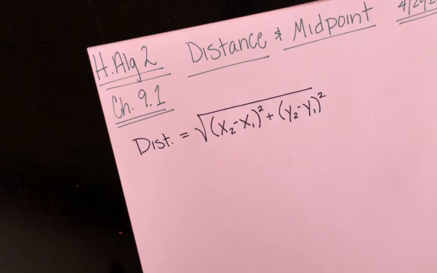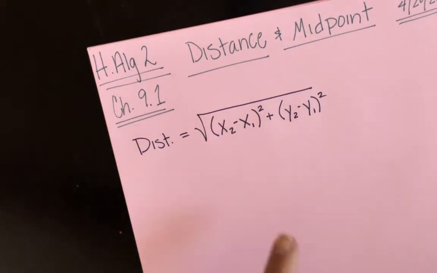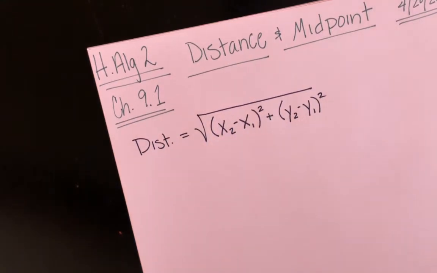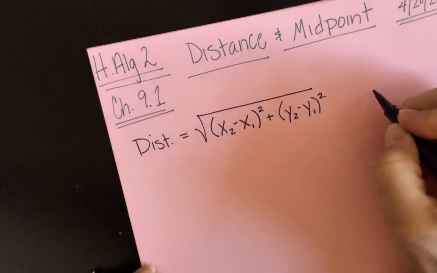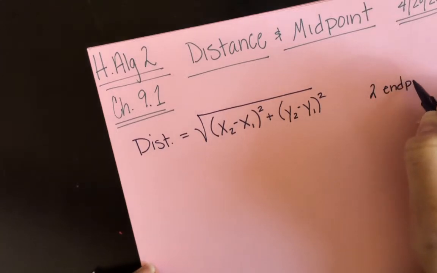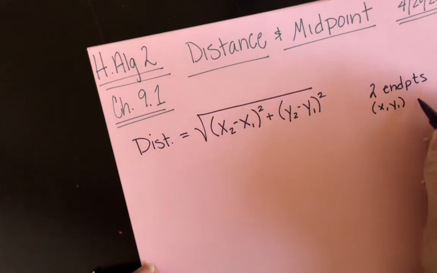We wanted to make sure that even if it was x1 minus x2, y1 minus y2, we still had order. That was our distance formula for two endpoints, x1, y1, and x2, y2.